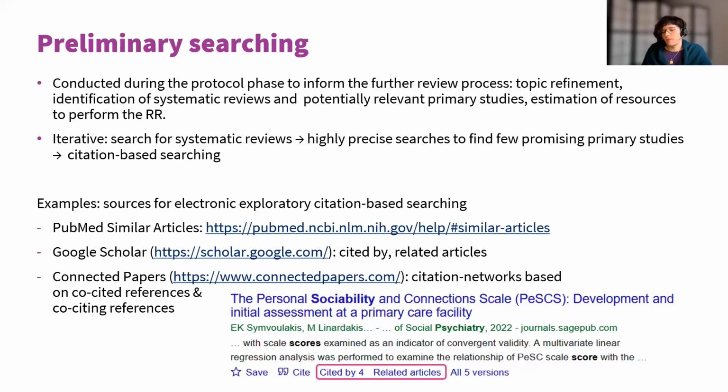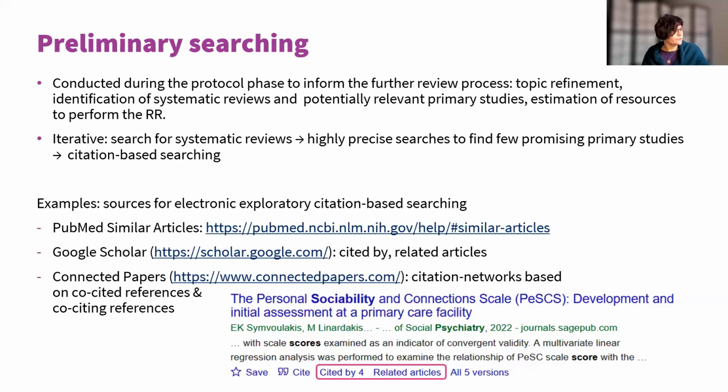At our rapid review service, these preliminary searches are mainly conducted by the reviewers themselves while they are working on the research question. And then I, as an information specialist, often do additional searching based on these findings, and we will discuss the question further if necessary.